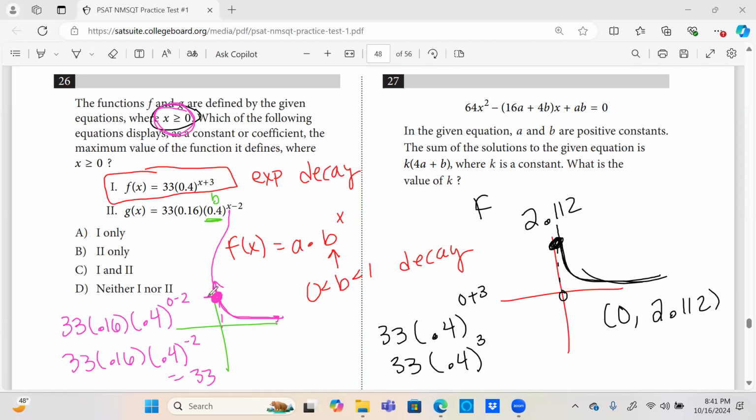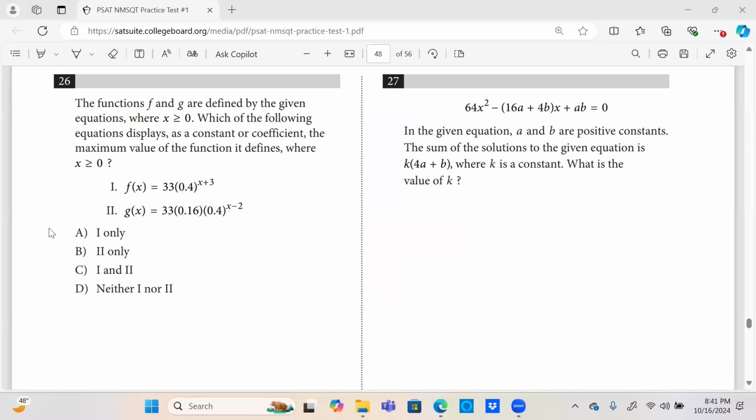So that highest point right there is over 0, up 33, which is displayed in the second, or G, equation. That is weird. Interesting. I do think the graph, the Desmos, was the easiest way to do it. That is a weird question.